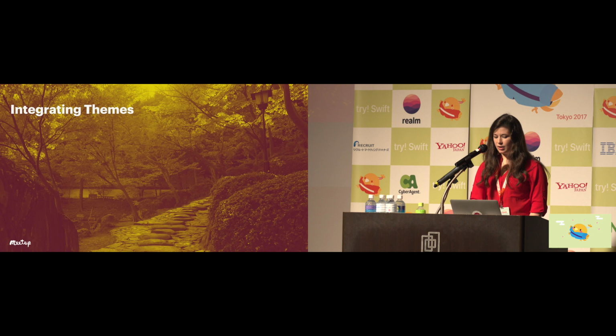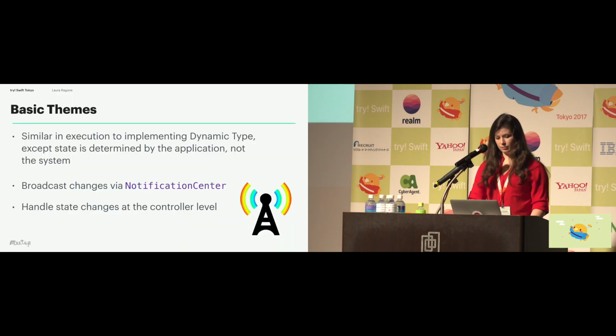With the colors in our color system finally in place, we can now begin the task of integrating themes. If you've previously added support for dynamic type updates in your app, this approach may feel familiar.